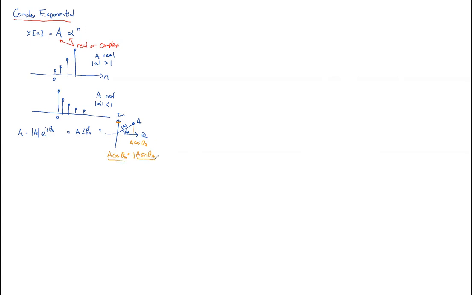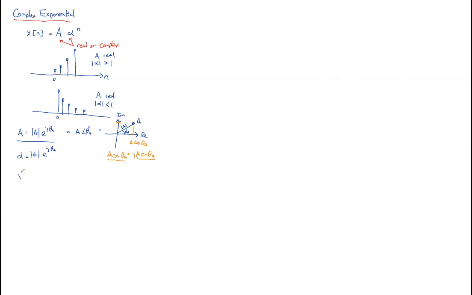So it's a real part plus j times another real part. So lots of different ways to think about it, but we're going to think about it in this first method. And similarly, we're going to think about our alpha as having some magnitude and some angle.